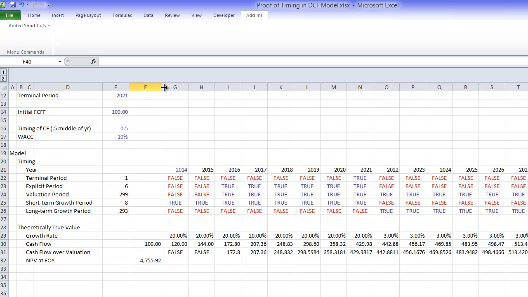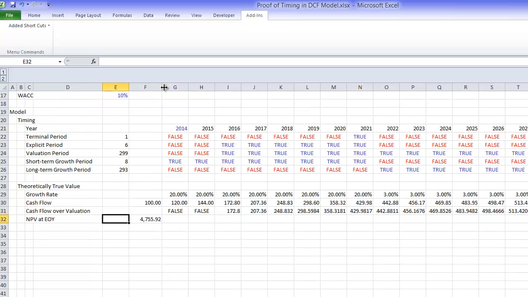but now let's compute the NPV in the middle of the year. So to get the NPV in the middle of the year, we can put a PV factor. Now, again, this is where the switches can come in.